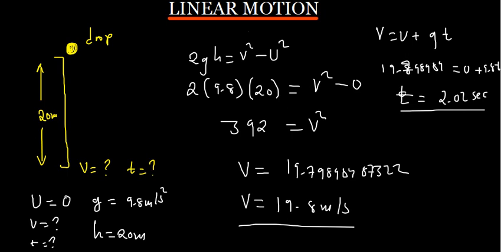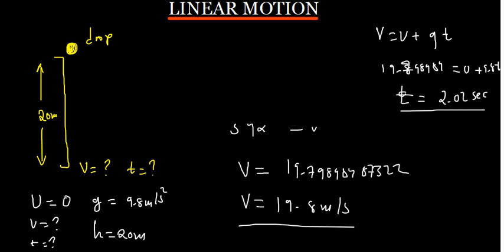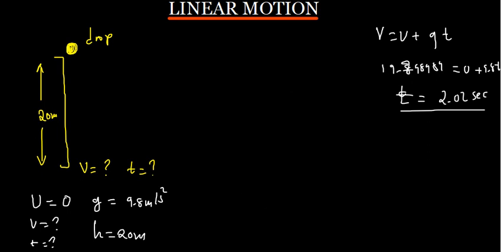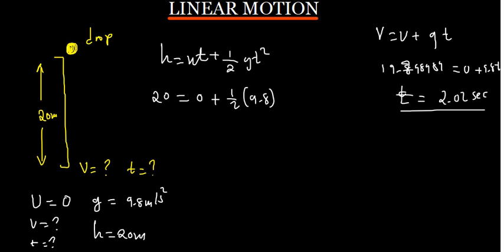If you didn't want to use this, you could have used another equation. What equation could we have used? What equation do you think we are going to use? S is equal to ut plus half gt squared. Okay, so the height is 20, right? And then this portion is going to be 0 because we are coming from rest. And then plus half, g is 9.8, and then t squared.